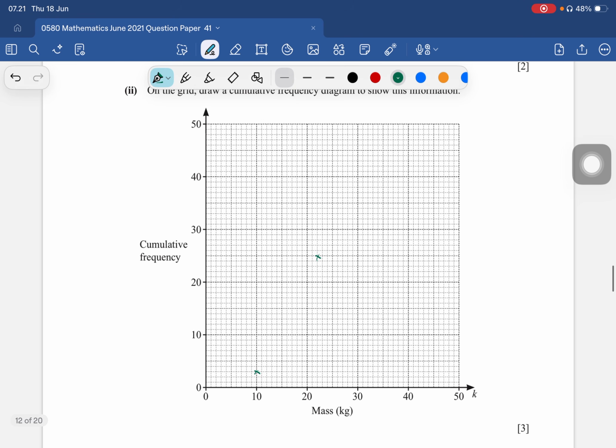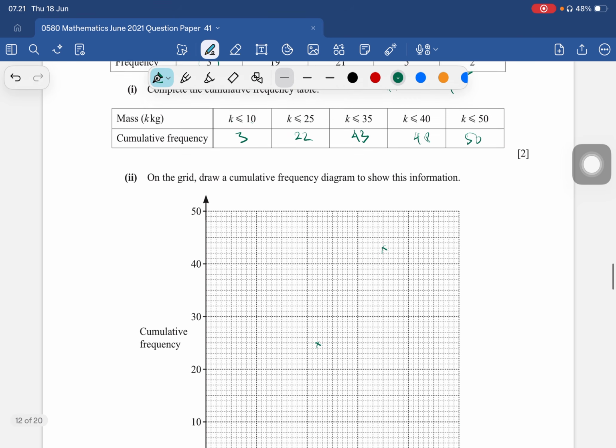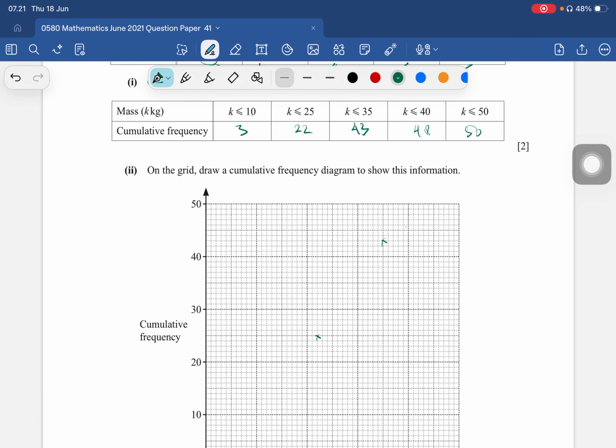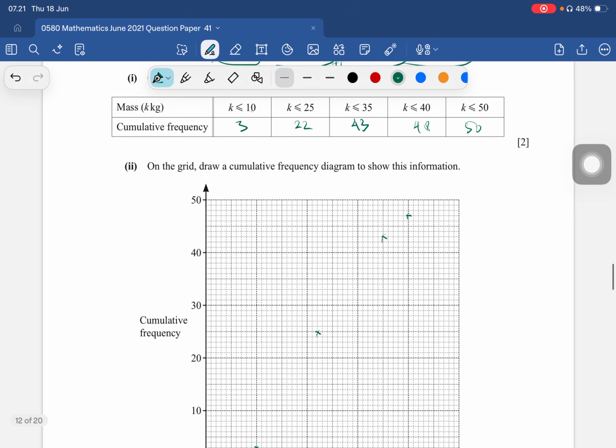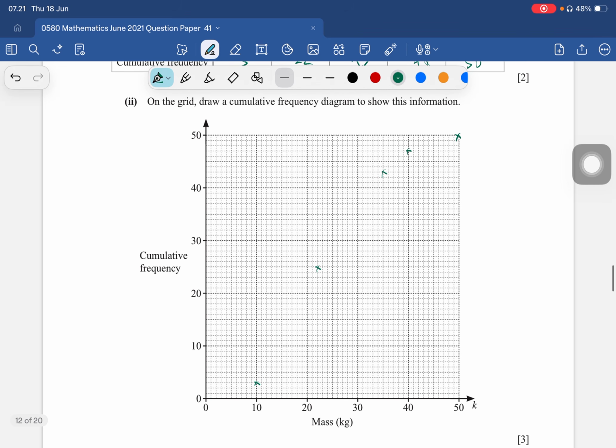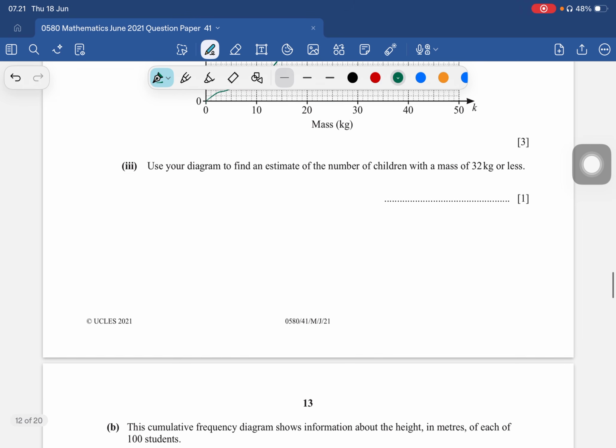Where is 35? 3. And then 40 with 48. And the last, 50 with 50. There it is. You can just connect it, starting from 0. Okay, there we go, the curve.